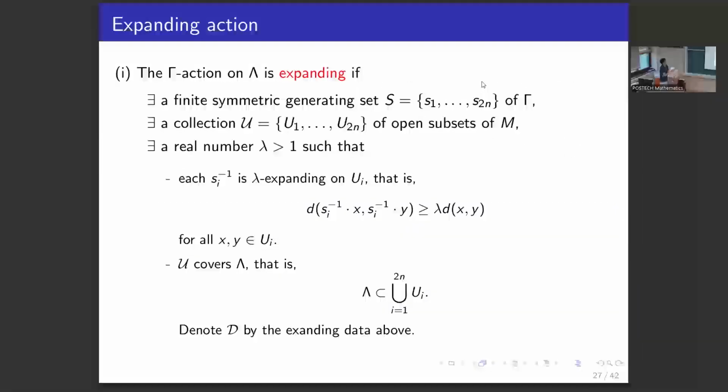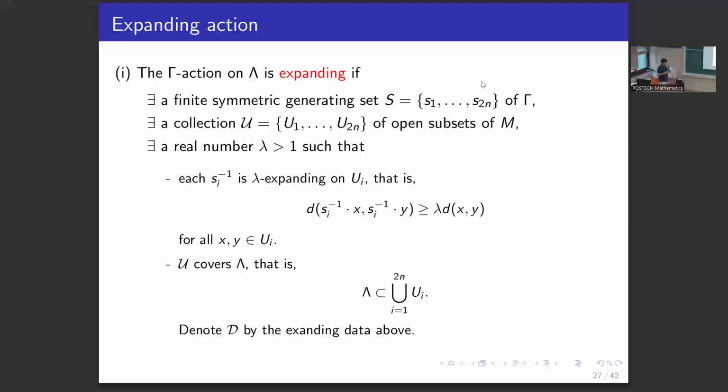Okay. So what is expanding? The Gamma action on Lambda is expanding. That means that for any x in Lambda, you can find some expanding generator around the point.